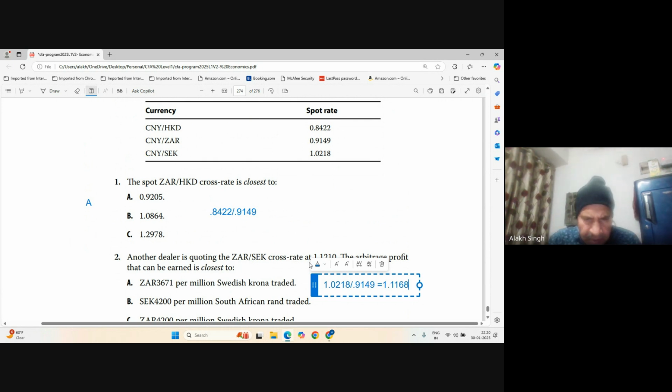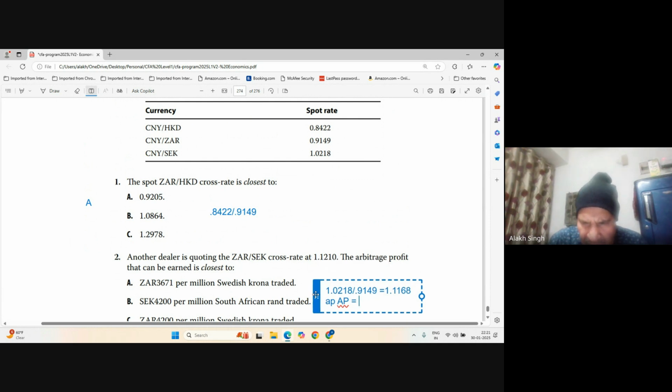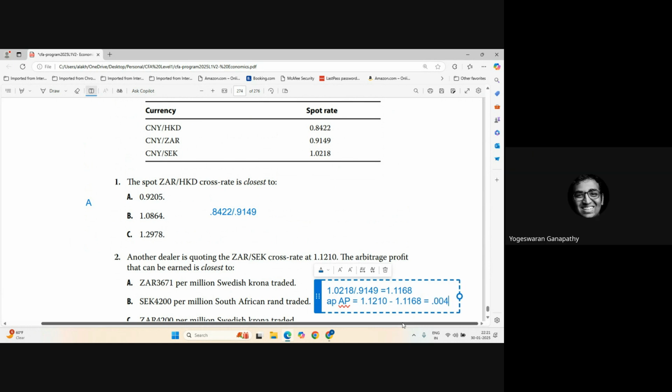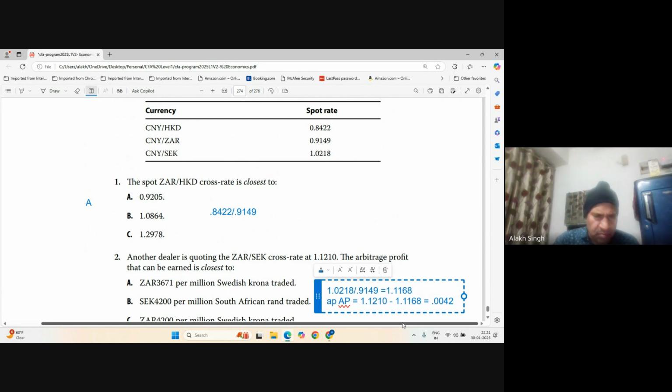Okay, and how much is the dealer giving? 1.210. So the arbitrage profit, AP, is equal to 1.210 minus 1.1168, which comes out to be 0.0042 per million South African rand.